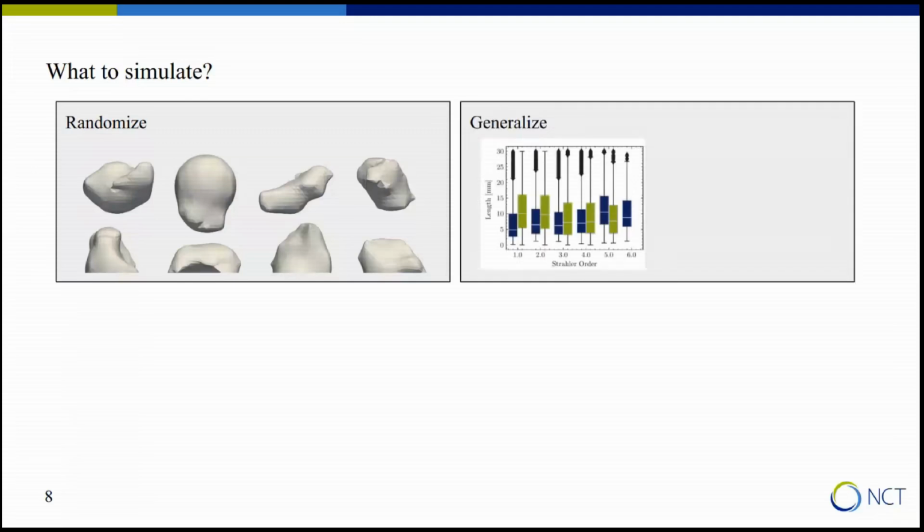Then we try to generalize lots of parameters in the scene. So for example, the elasticity is something we take from literature. So each of these organs is assigned an elasticity that is similar to something that a real liver would have, but is not derived from a certain patient.